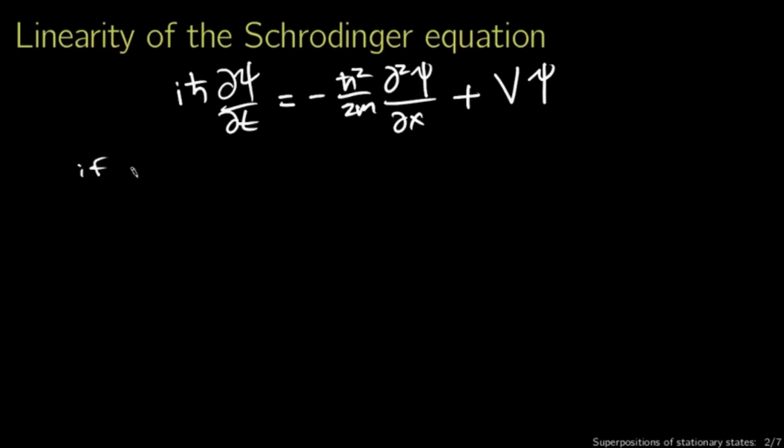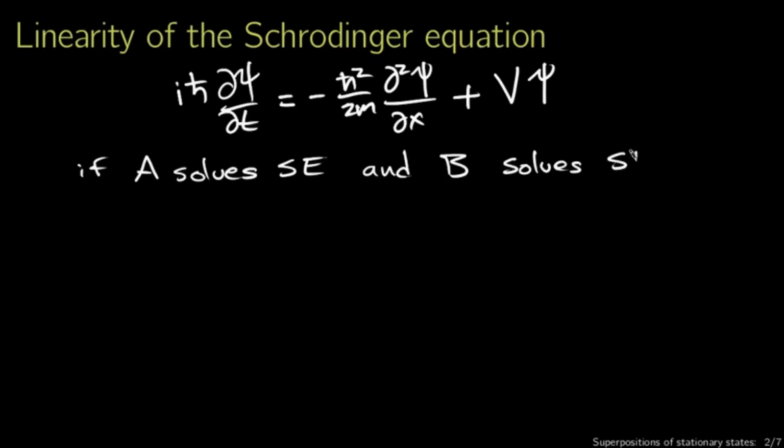So if, say, let's call it A, solves the Schrödinger equation, and B solves the Schrödinger equation. And let me write this out in a little more detail. First of all, A is a function of position and time, as is B. If A and B both solve the Schrödinger equation, then A plus B must also solve the Schrödinger equation.